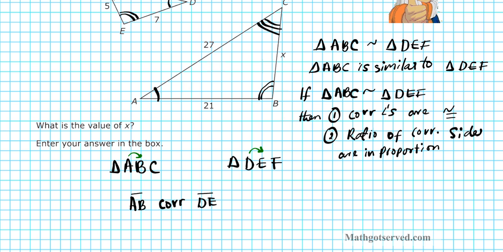What's the next pair of corresponding sides? Side BC corresponds with side EF. So we have side BC corresponds to side EF. And then lastly, you can go from the first to the last, side AC corresponds to side DF.